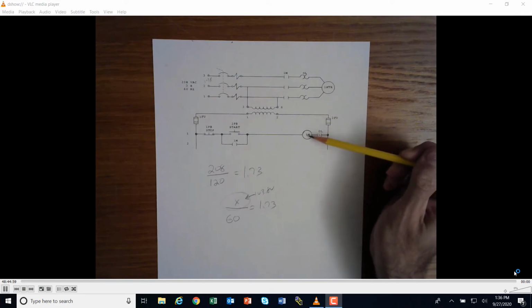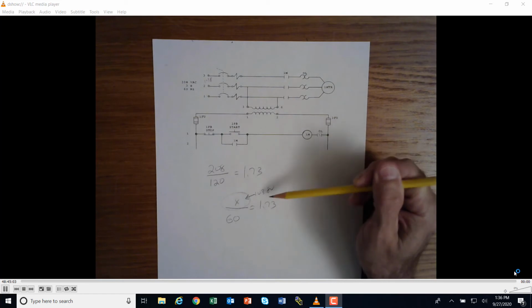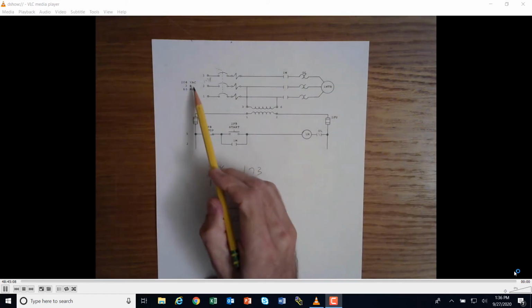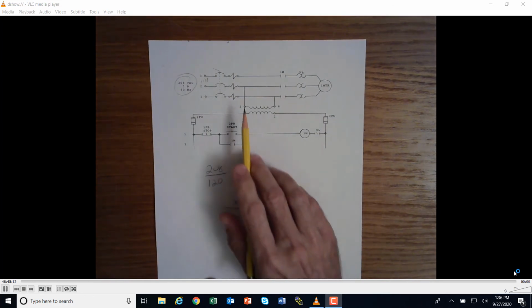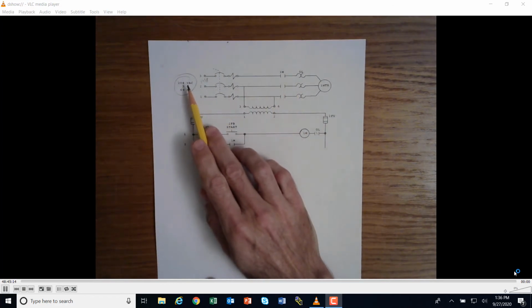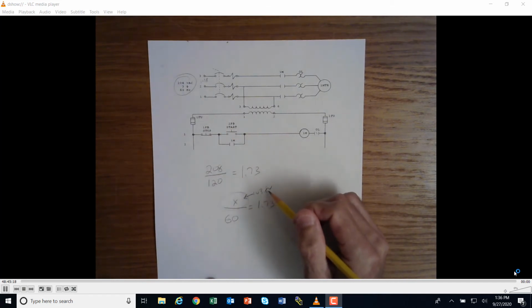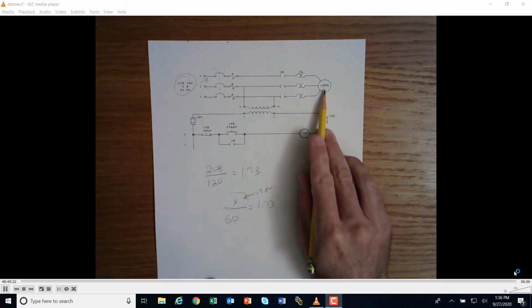So not only would this relay chatter and drop out and cause it to stop, but as it was falling, this motor would not be very happy because this motor wants to run at 208 three-phase 60 hertz. But as it's running down to 200, 190, 180, 170, 160, all the way down to 100, 110, 105, 104 volts, this motor will not be happy.